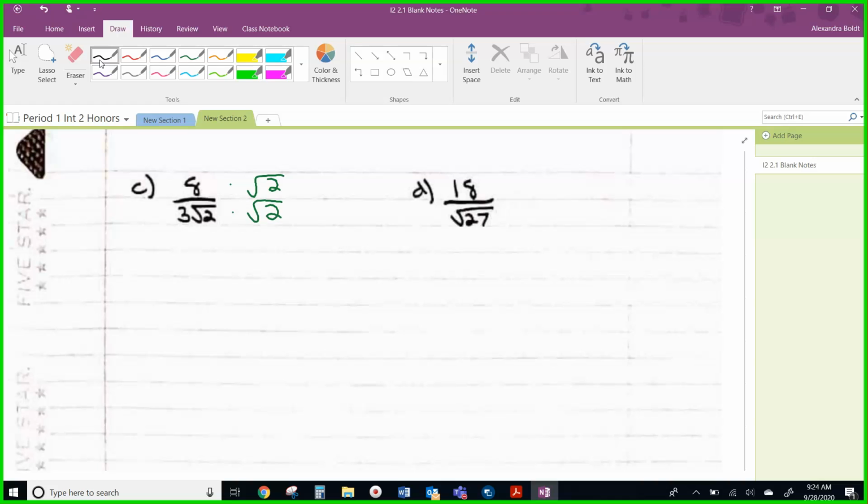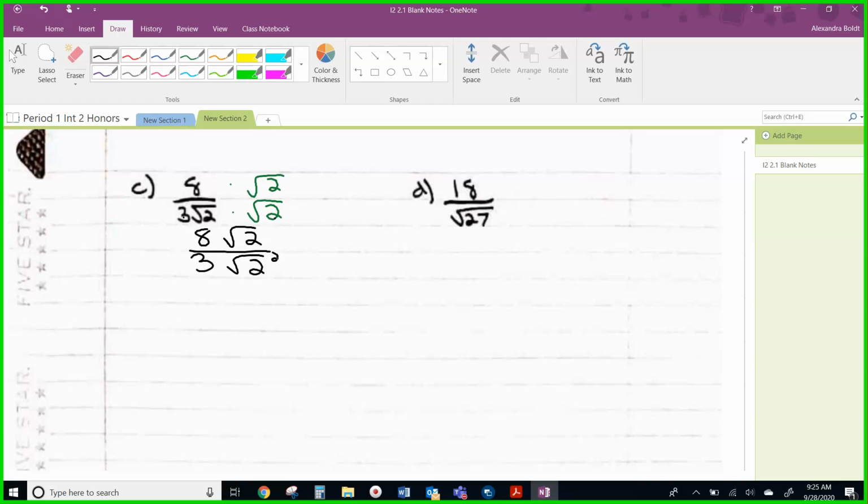So then I have 8 square root 2 in my numerator. And then in my denominator, I have 3. So we just have to bring that 3 down. And then I have square root 2 times square root 2, which is square root 2 squared. So again, the biggest thing here is we're not multiplying by the whole denominator.